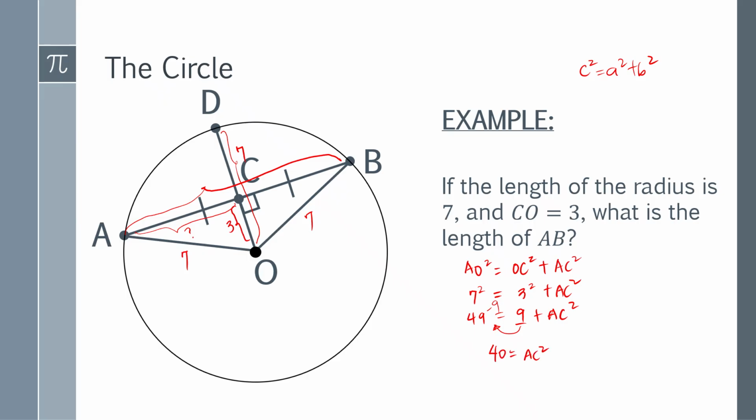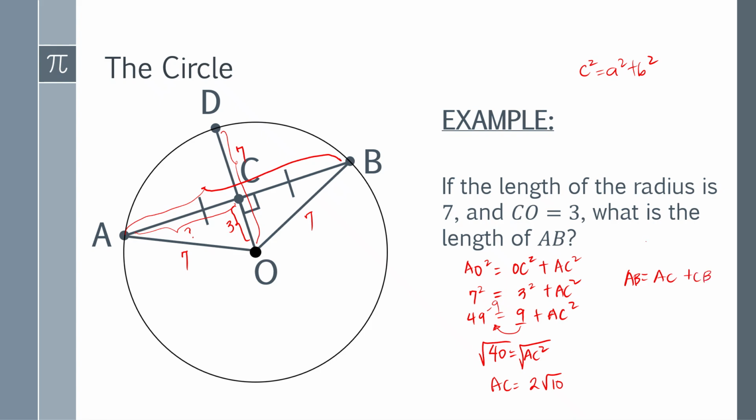Since I want AC only, what we're going to do is take the square root of both sides of the equation. So AC here is the square root of 40, or 2 square root of 10. Since AB is twice this, AB is equal to AC plus CB.